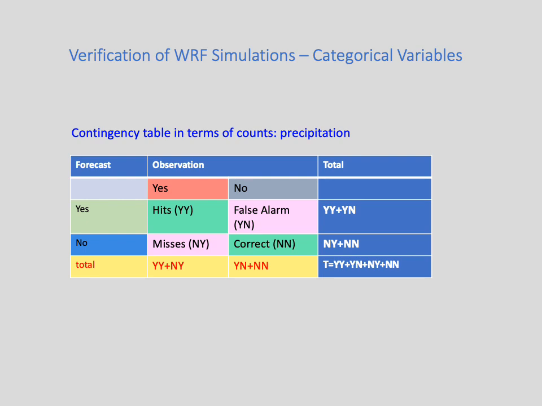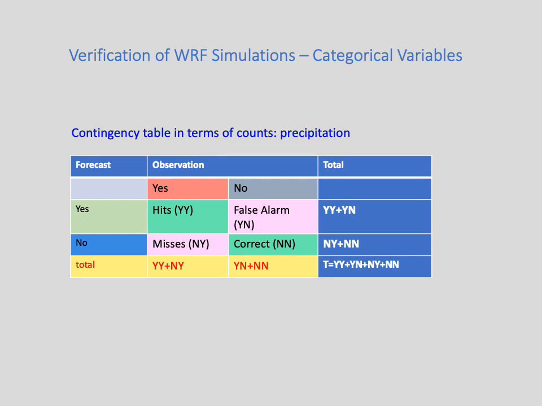The above situation can be represented in a contingency table. Suppose we are making a precipitation forecast. Following the forecast of yes or no, precipitation will actually occur or not occur. This leads to 4 possibilities laid out in the table.